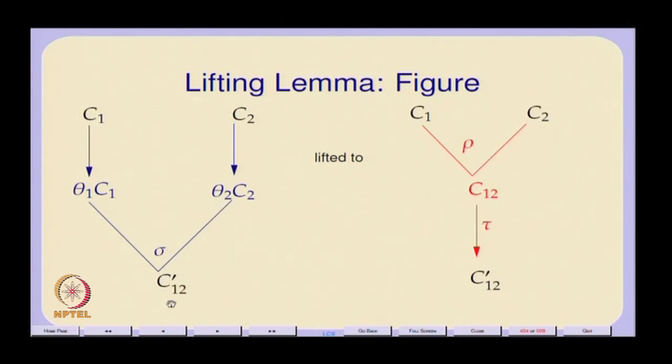and then I can find a resolvent C prime 1 2 through some substitution, some unifier sigma. This sigma unifies theta 1 C1 and theta 2 C2.